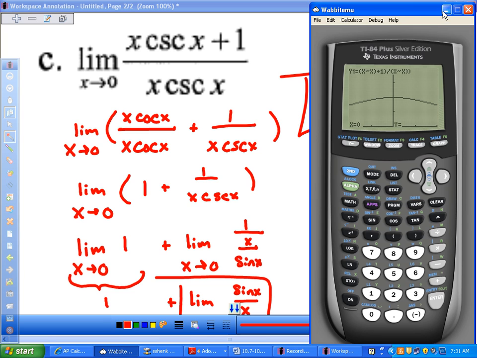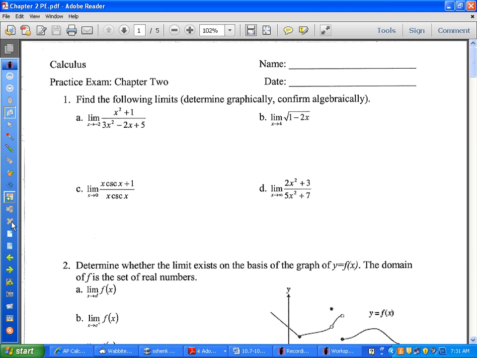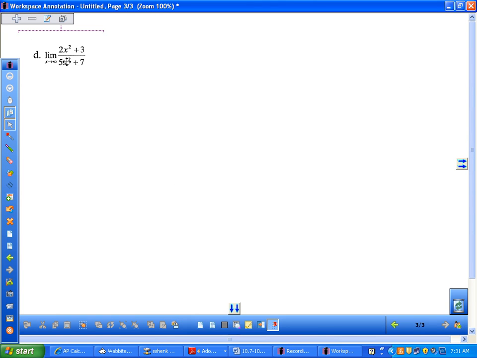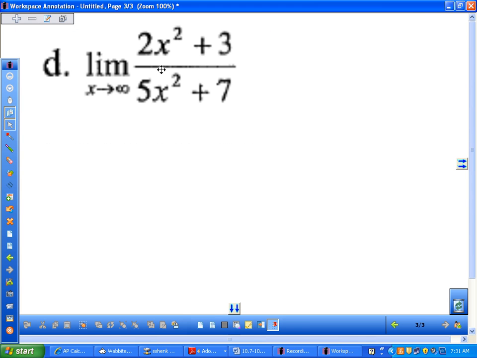I'd also like to recap D as well, and just recap what that quick trick is with rational functions as x goes to infinity. When we're dealing with limits as x goes to infinity, there's a couple things we can look at, and I think the easiest trick is to divide all of our terms by what in this particular case here?